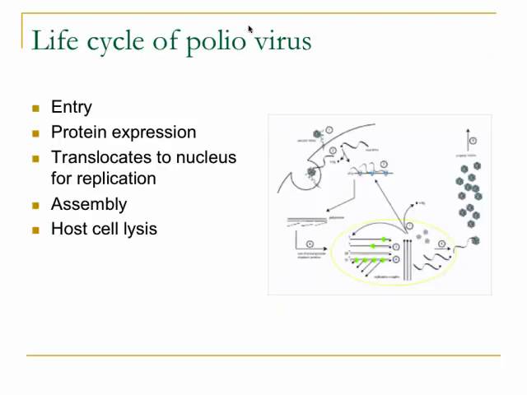It enters the cells intact by pinocytosis, and then it uncoats, releasing the RNA genome for both transcription and for replication. And then mature virions are assembled, and upon exit, it lyses the cell.